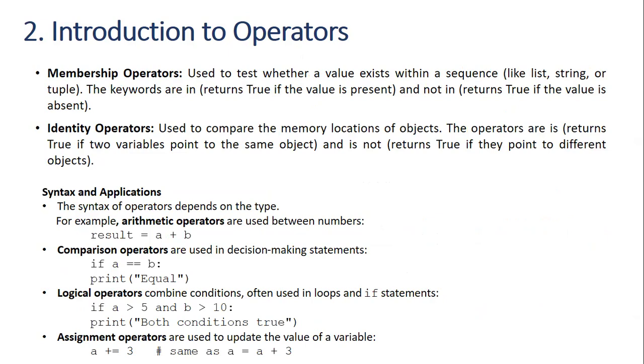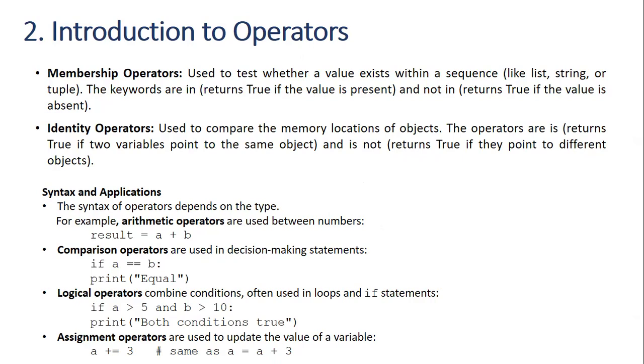Then we have membership operators, used to test whether a value exists within a sequence like a list, string, or tuple. All these are part of the syllabus, which will come afterwards in further videos in more detail. The keywords are in and not in.